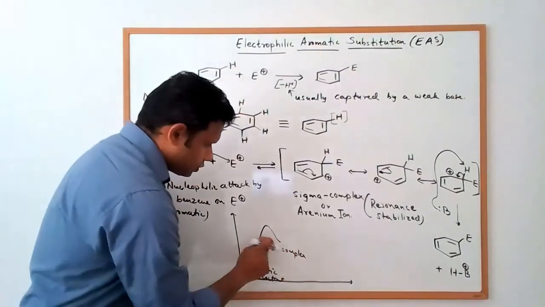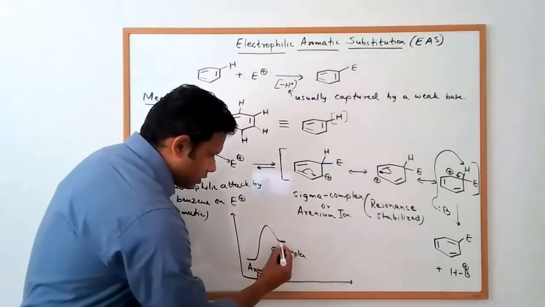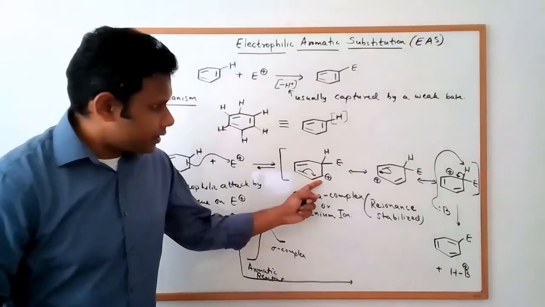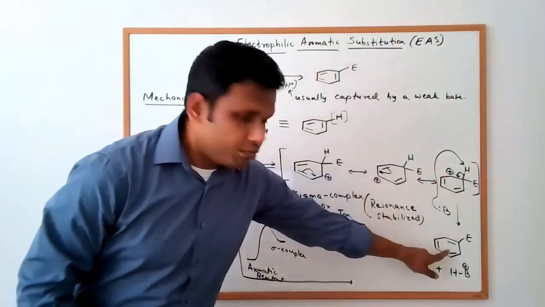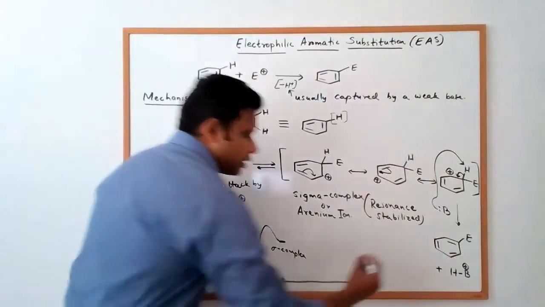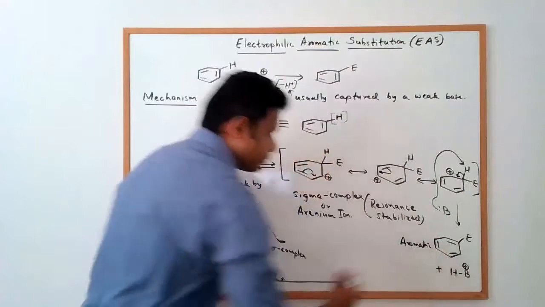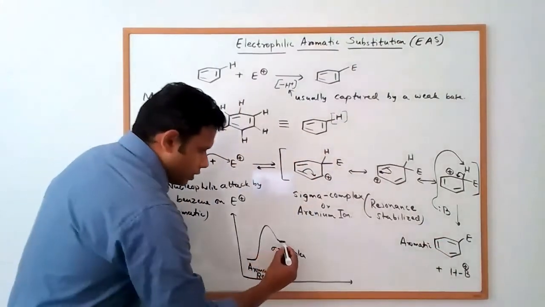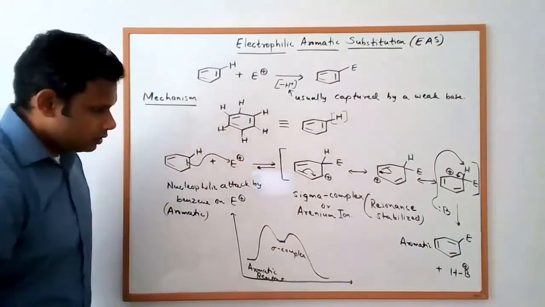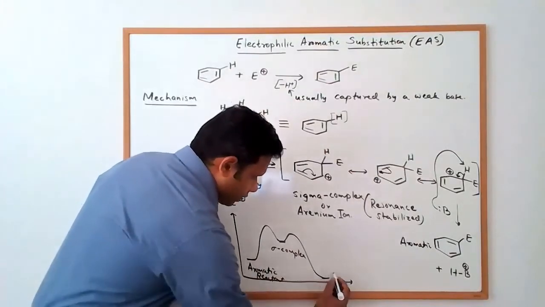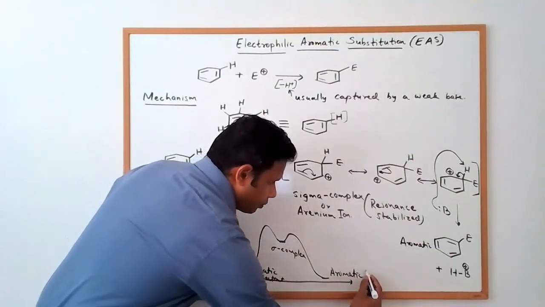So we will get to the sigma complex. And the sigma complex then loses the proton to become aromatic again. Our product is aromatic again. And so the second step here is going to be downhill. Okay, so this is where we have our aromatic product.